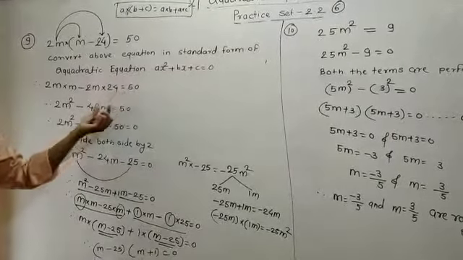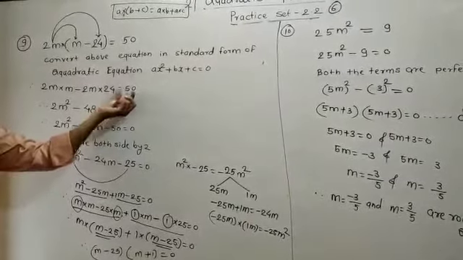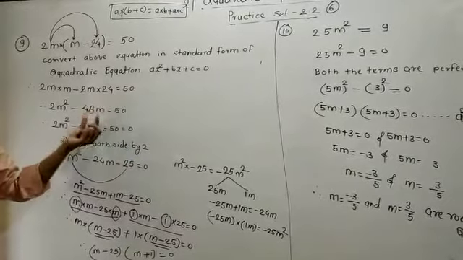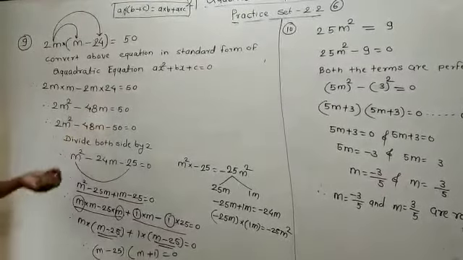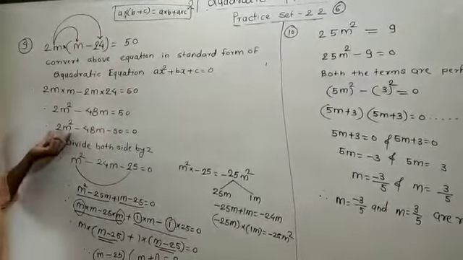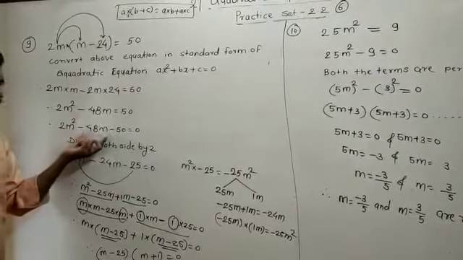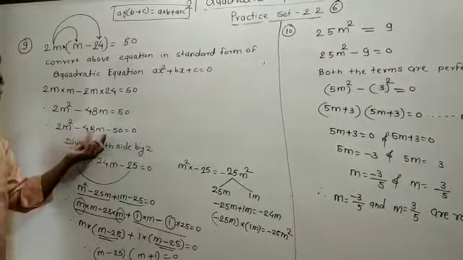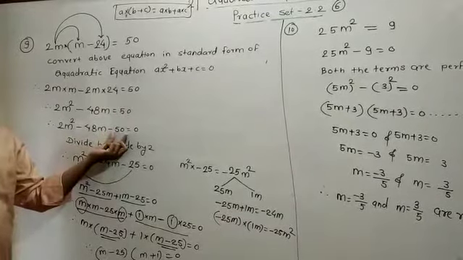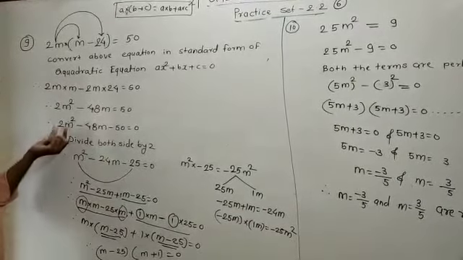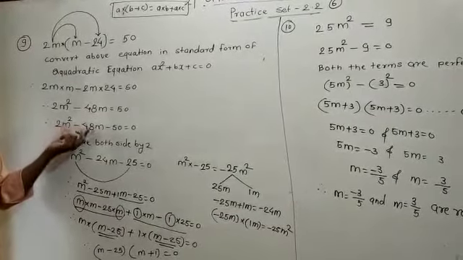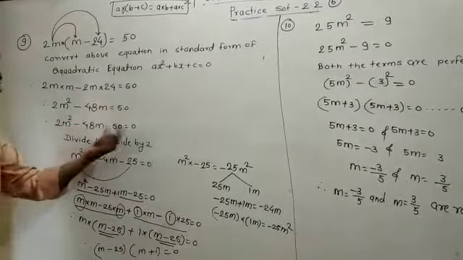Transpose this plus 50 from right to left. This becomes minus 50. Then this term is divisible by 2, this term is also divisible by 2, and this term is also divisible by 2. So to reduce this equation, you have to divide both sides by 2.